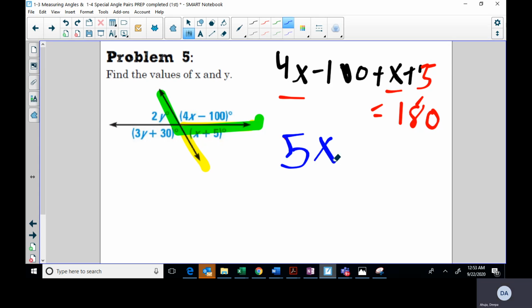Minus 100 plus 5 is minus 95, is equal to 180.